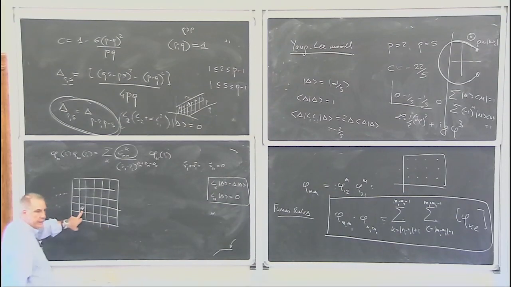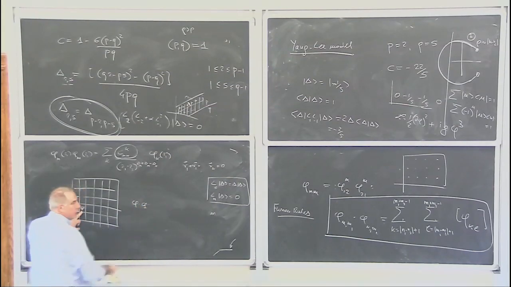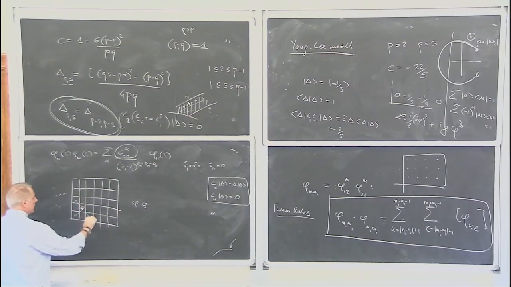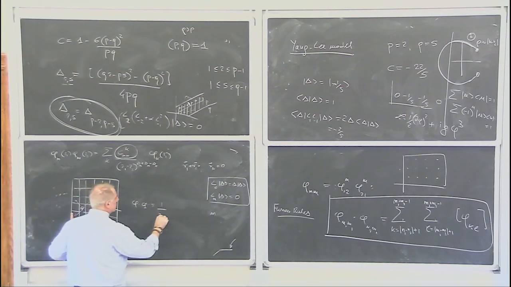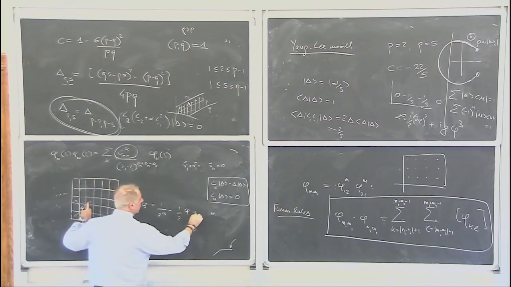Whatever sits here, I call phi. At this point, I take the operator product of phi with phi. What I get is this one, this one, this one, and this one, with powers: 1 over z to the 2 delta, plus 1 over z to some other power, and so on.